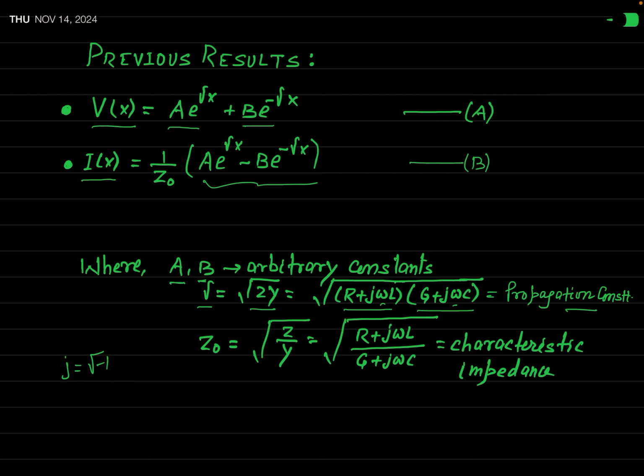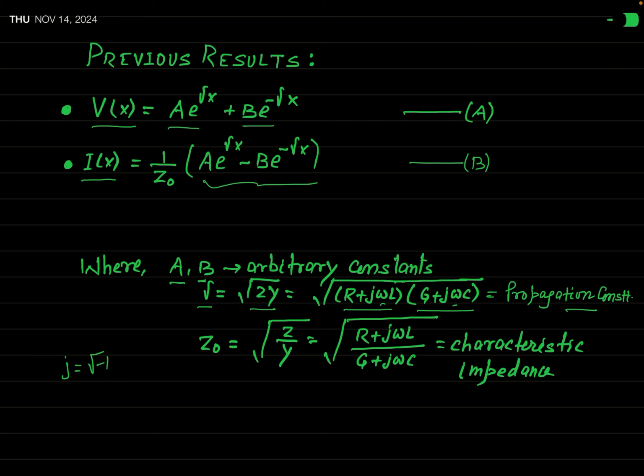If you are talking about a wave, the equation which represents the wave must contain two parts. The first part must be its amplitude and the other will be its phase factor.